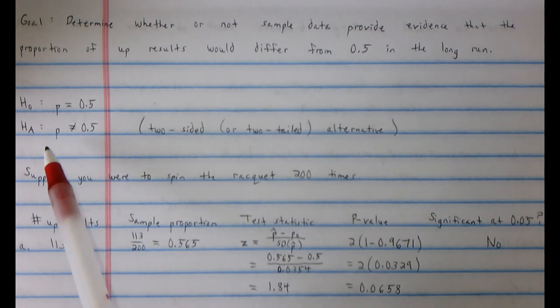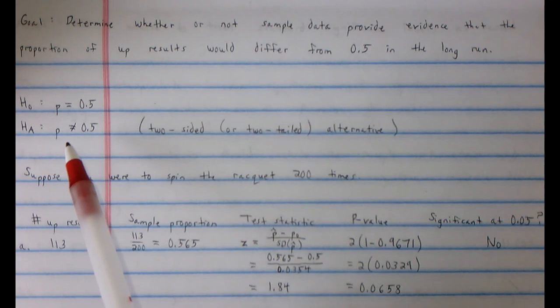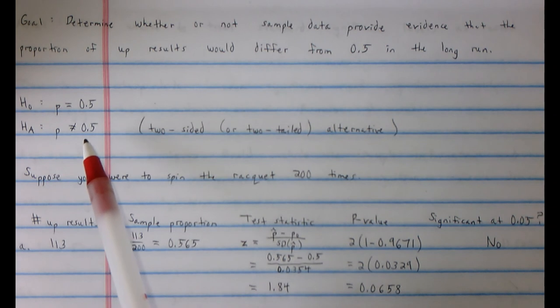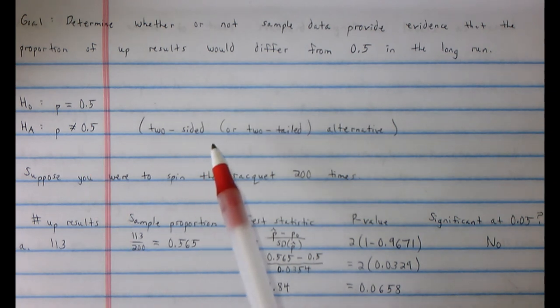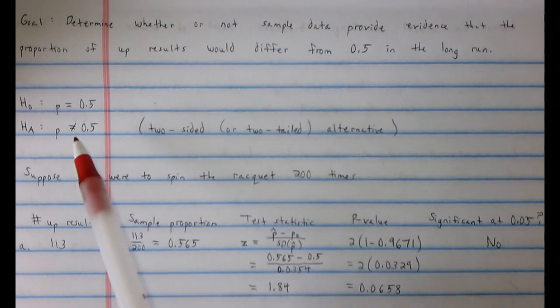The alternative hypothesis is that p is not equal to 0.5, that in fact the proportion of up results does differ from the proportion of down results. This is a two-sided or two-tailed alternative, since we're specifying that p is not equal to the hypothesized value of 0.5.